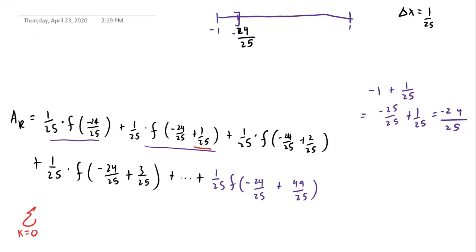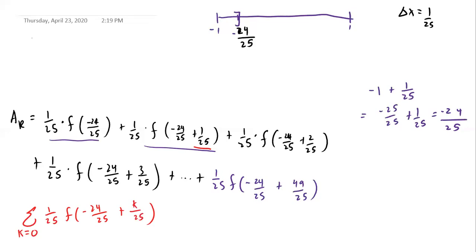So we put in the things that are always the same: 1 over 25 times f of negative 24 divided by 25 plus. Now, as I said before, we want to relate the thing that's changing to our index. Here we can do the same thing we did before. We can just do k over 25.